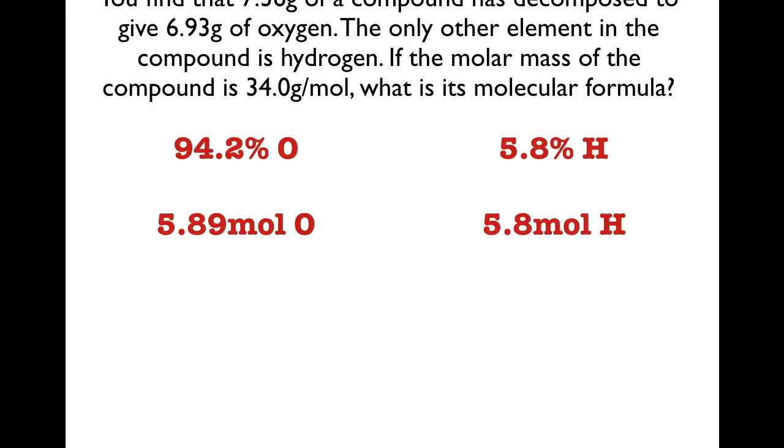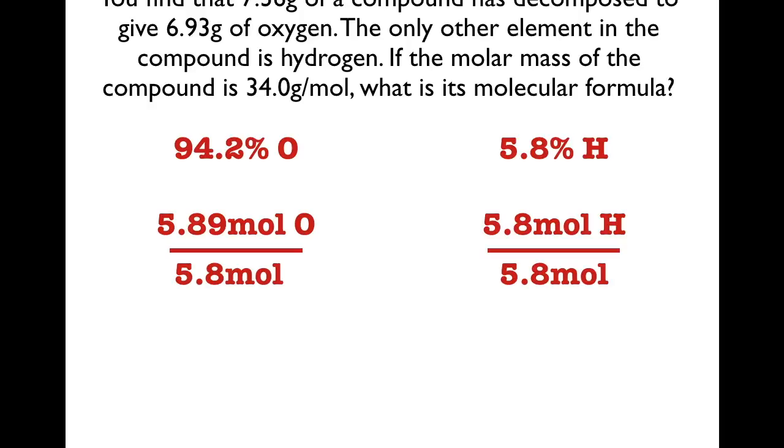I'm going to take the least amount of moles that I have and divide that into all the values that I've gotten. So I'm going to divide the moles of hydrogen by 5.8 and the moles of oxygen by 5.8. In this case, 5.89 divided by 5.8 gives 1.02. And when I divide 5.8 by 5.8, of course, you get 1.